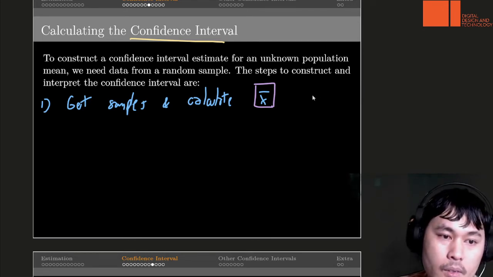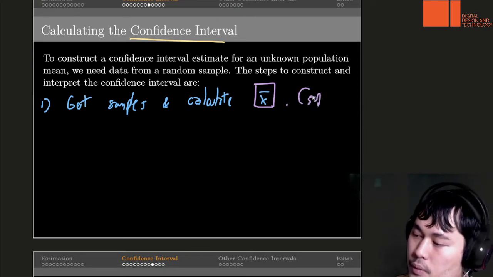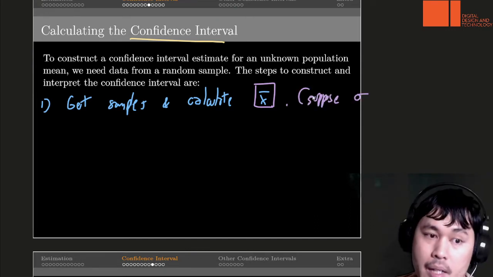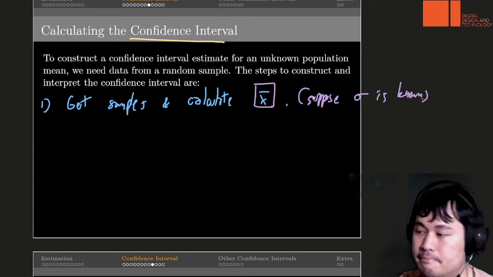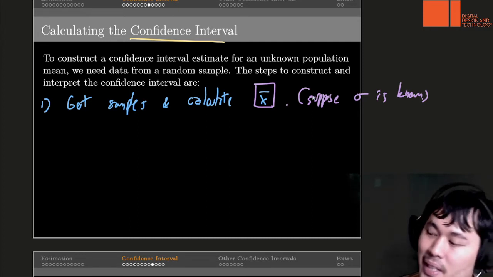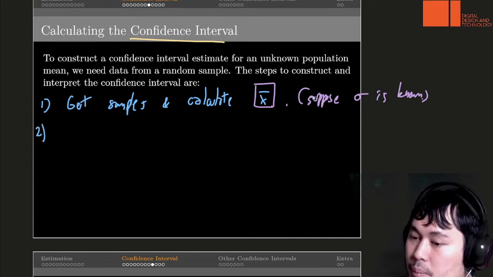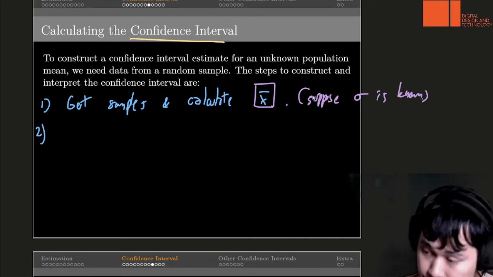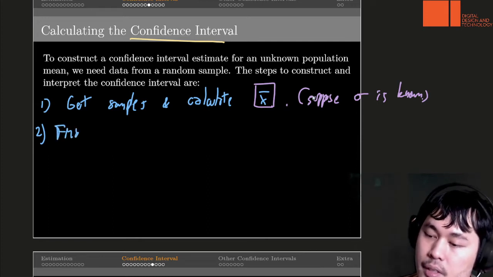And for this section, we suppose that sigma, the standard deviation, is already known. In practice, you may have to compute this yourself. But in this step, suppose it is known. Then we have to find the z-score.